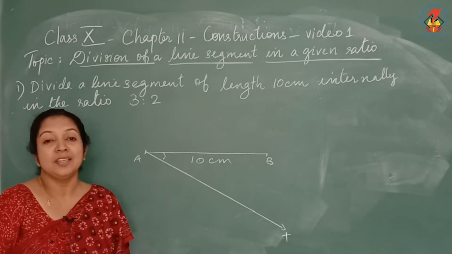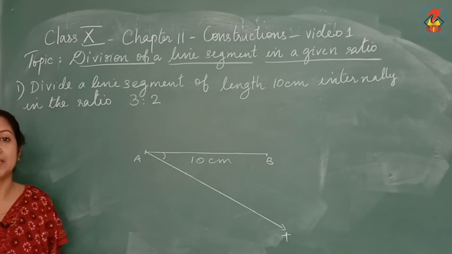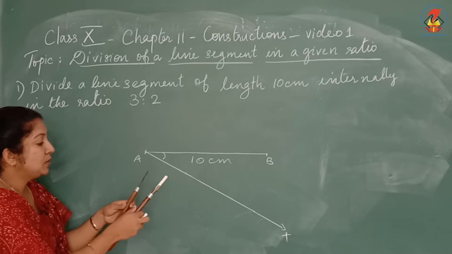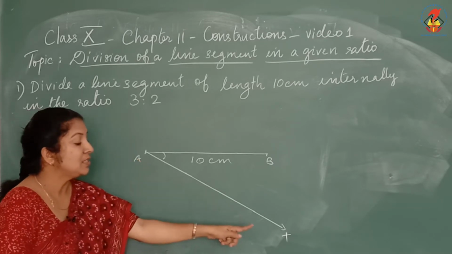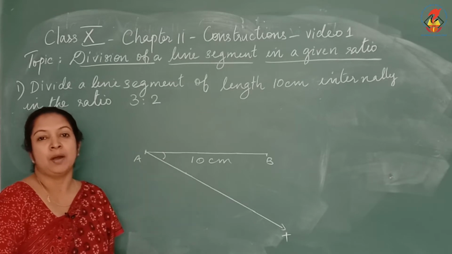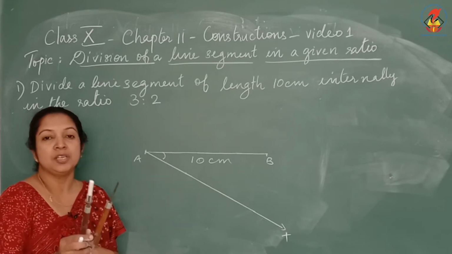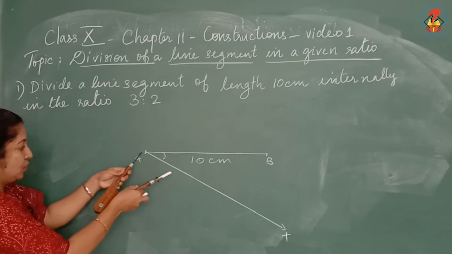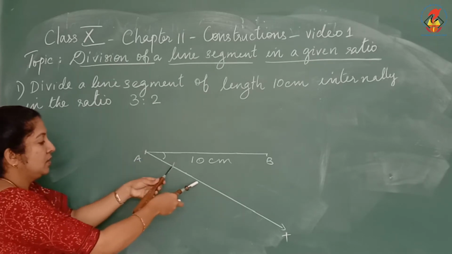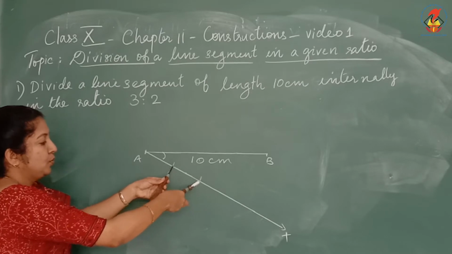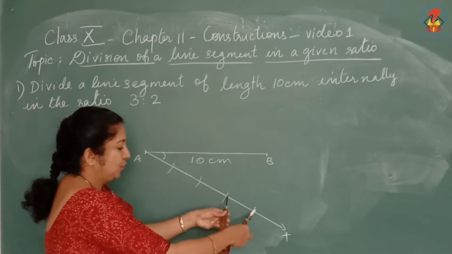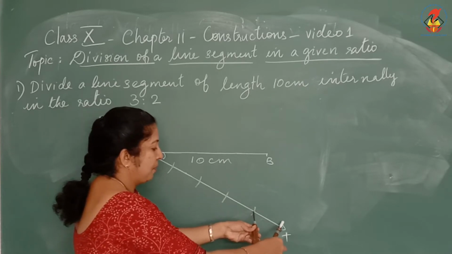3:2 means we need 3 plus 2 parts. That means 5 parts. So we have to divide the ray AX into 5 equal parts. For that we are using the compass. Take any radius: 1, 2, 3, 4, 5 parts.